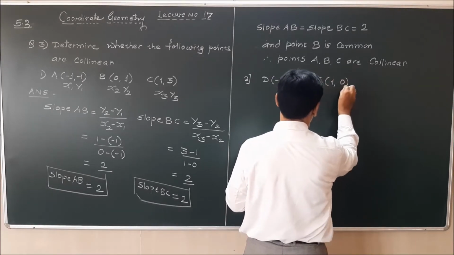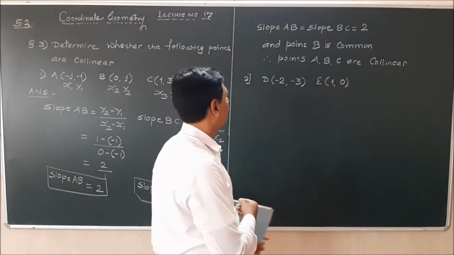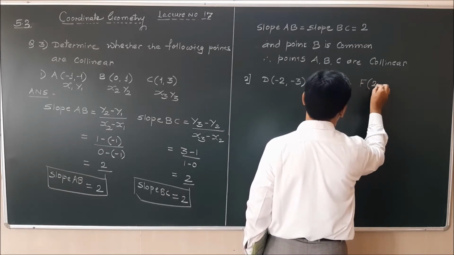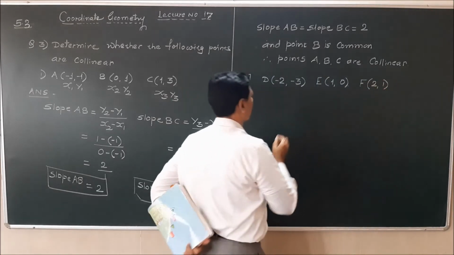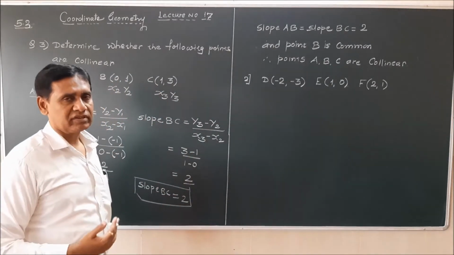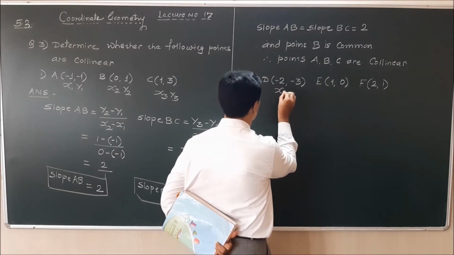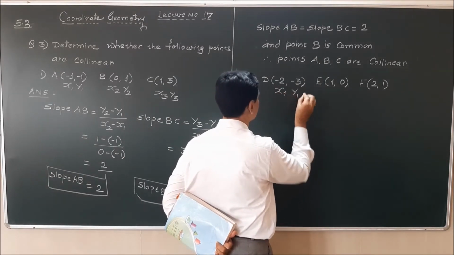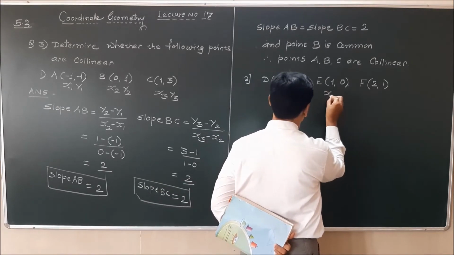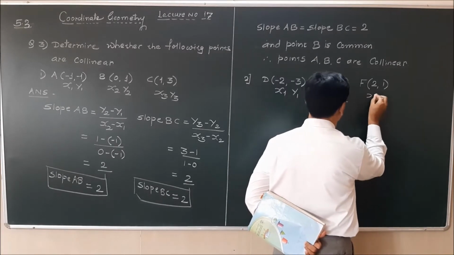And we find F, 2 comma 1. Labeling the same way as we have labeled in the first question, the first point we label its coordinates as x1, y1, the second one as x2, y2, and the third one as x3, y3.